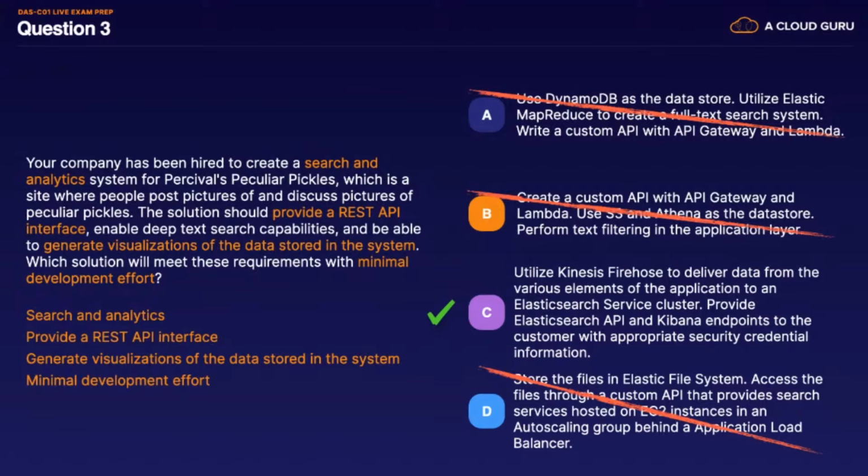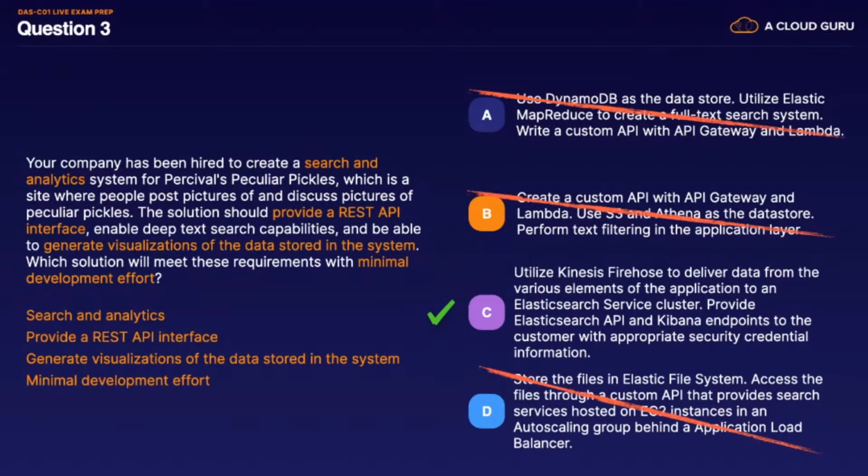And we can use Kibana, which is prepackaged on our Elasticsearch service domains, to generate visualizations as well as perform various analytics queries, which we can do through the Elasticsearch API as well.